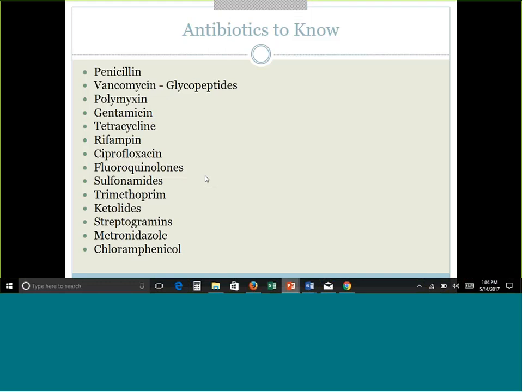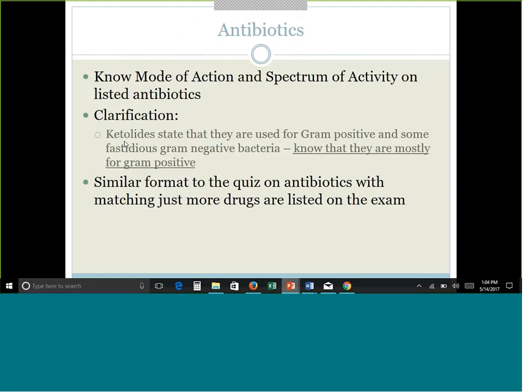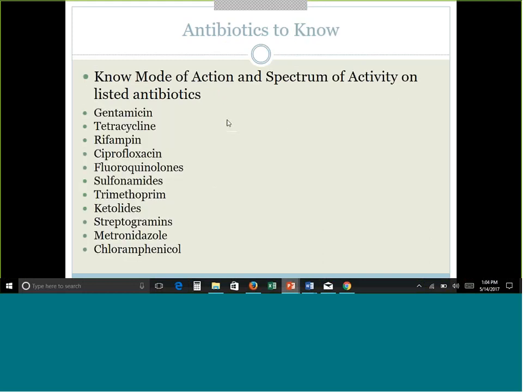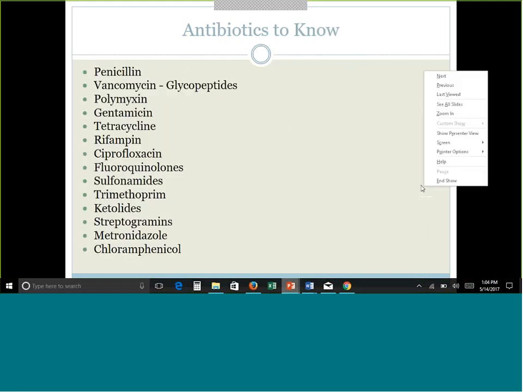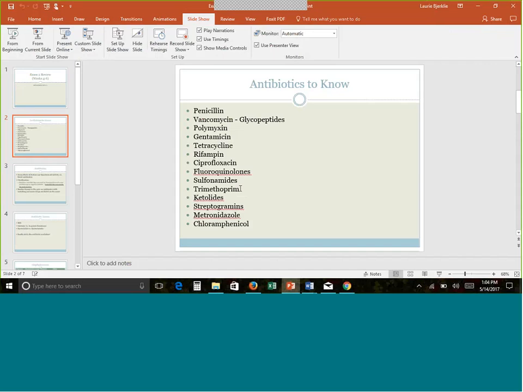Also know the spectrum of activity, meaning what bacteria do they target? Do they target only gram-positives or only gram-negatives, or are they broad spectrum and target both? So here's that list where it says to know mode of action and spectrum of activity on those listed antibiotics. I want to go over this so I can type on here.